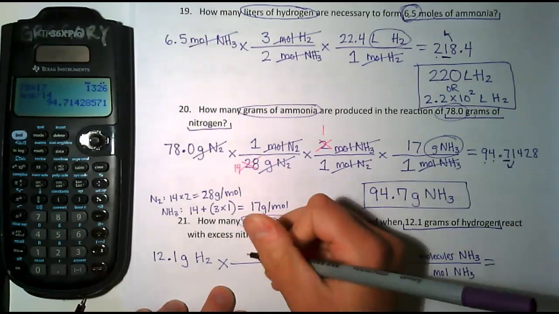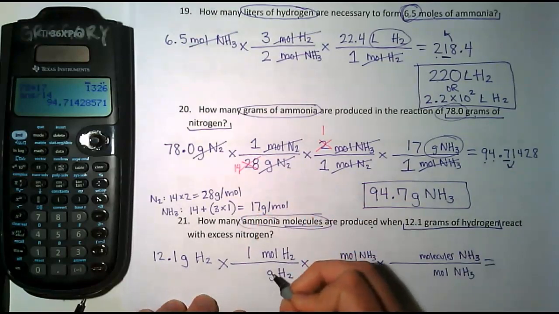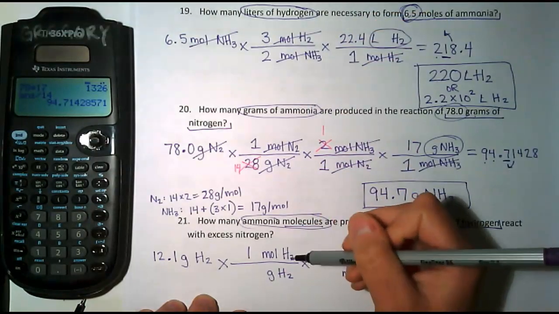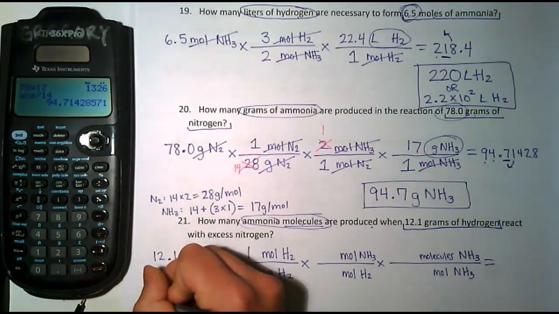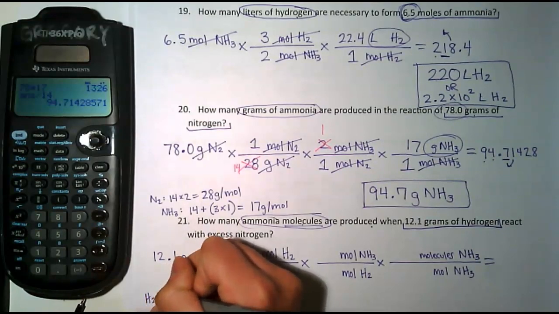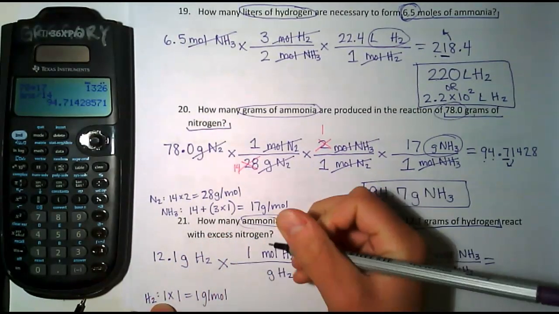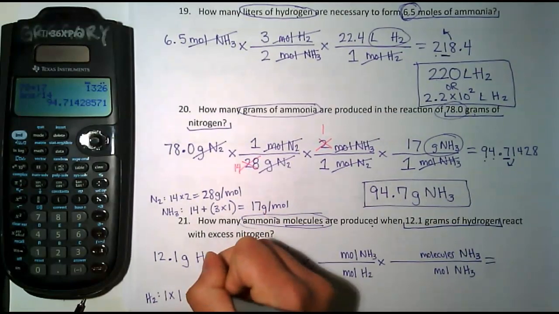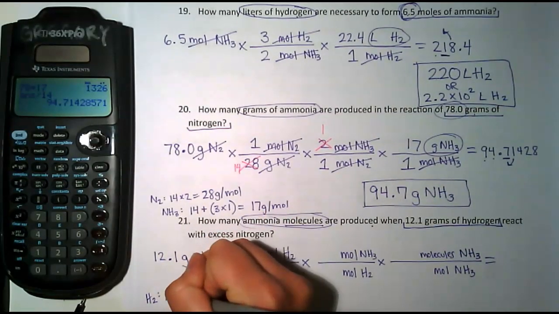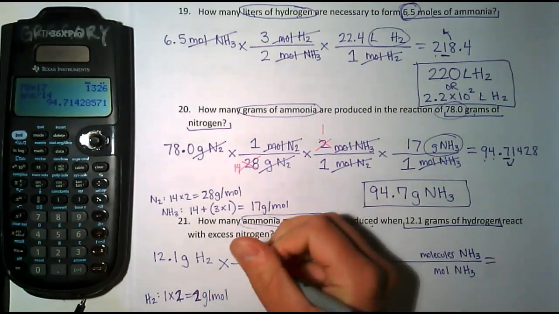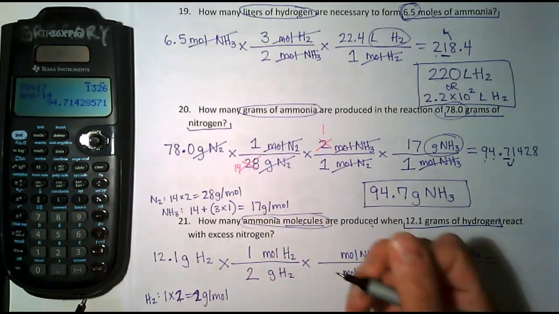So we know that 1 mole of H2 is equal to 2 grams of H2 because each hydrogen atom has a mass of 1. So I'll write that down here. 1 times 1 equals 1 gram per mole for H2. Or, sorry, 1 times 2 equals 2 grams per mole. This is why we write it out, so we don't make these mistakes. 2 grams in 1 mole.